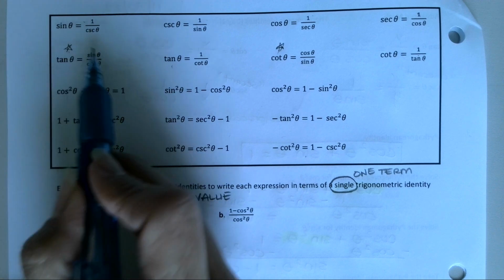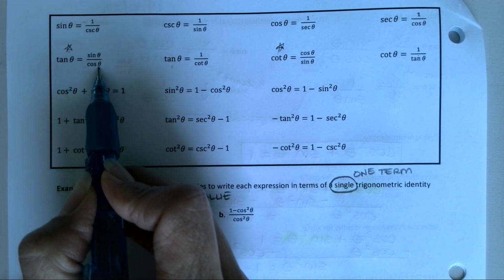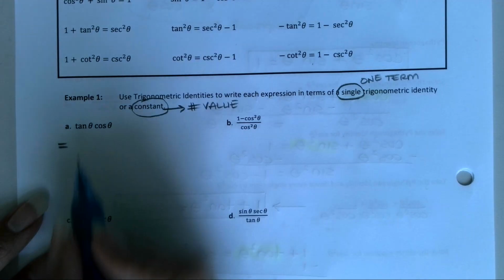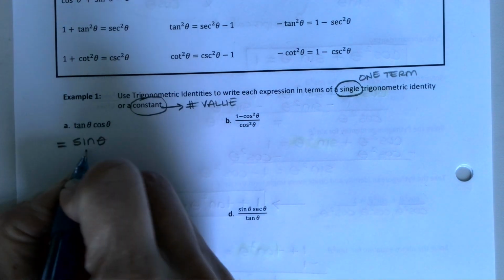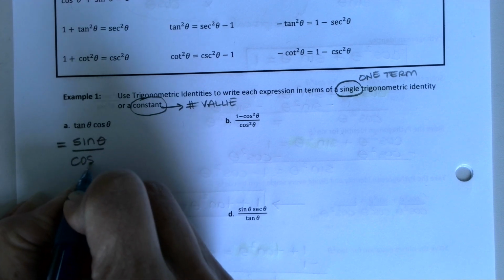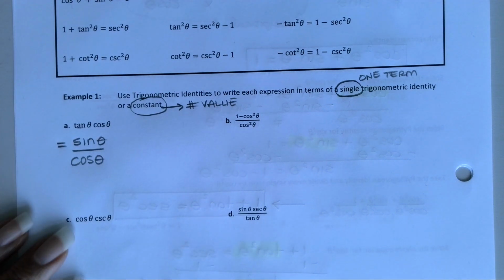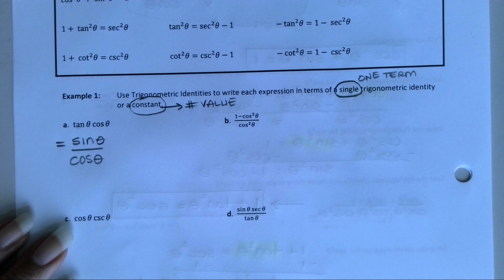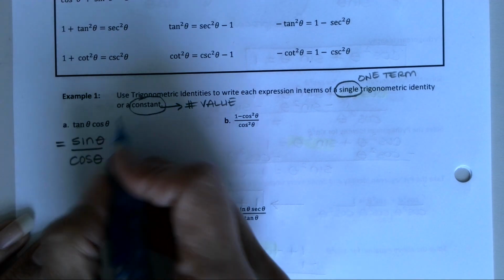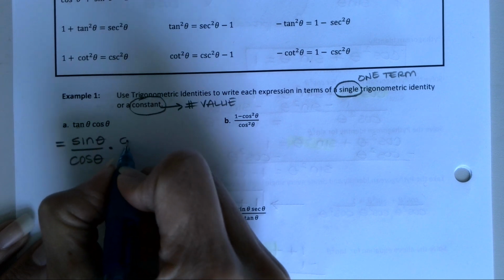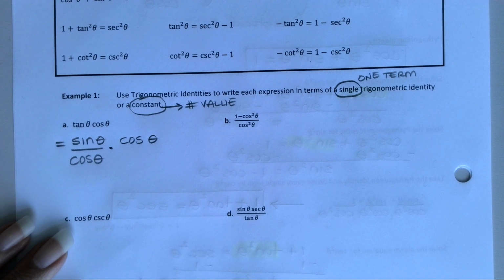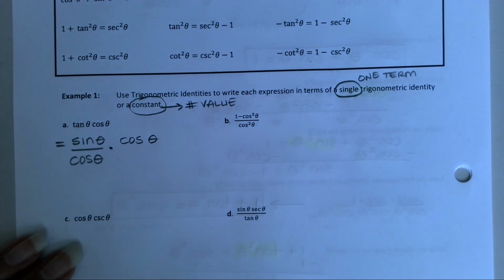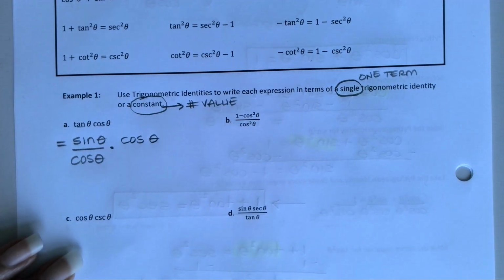So tangent is the same thing as sine over cosine, okay? So I'm going to come down here and I'm going to say tangent is sine over cosine. I am substituting tangent with its other formula, sine over cosine. Right next to tangent, I see a cosine, and Hanlon told me that when I see cosine, leave it alone. So just write it out. If I see cosine or if I see sine, just write it down.